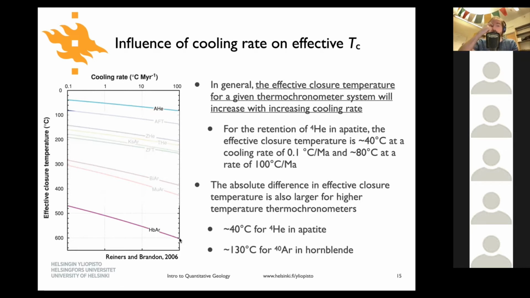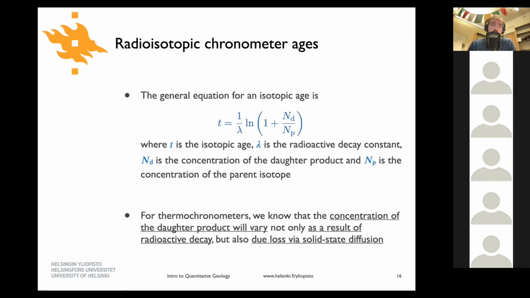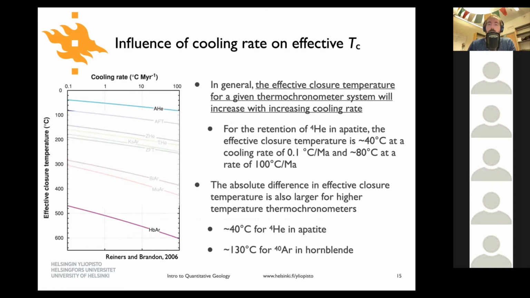So you've got a 130 degree difference in the effective closure temperature as a function of the cooling rate. That's big. I mean, if we're talking depths in the Earth, that's kilometers of difference in what you're interpreting of your picture of how this rock cooled down and came up to the Earth's surface.